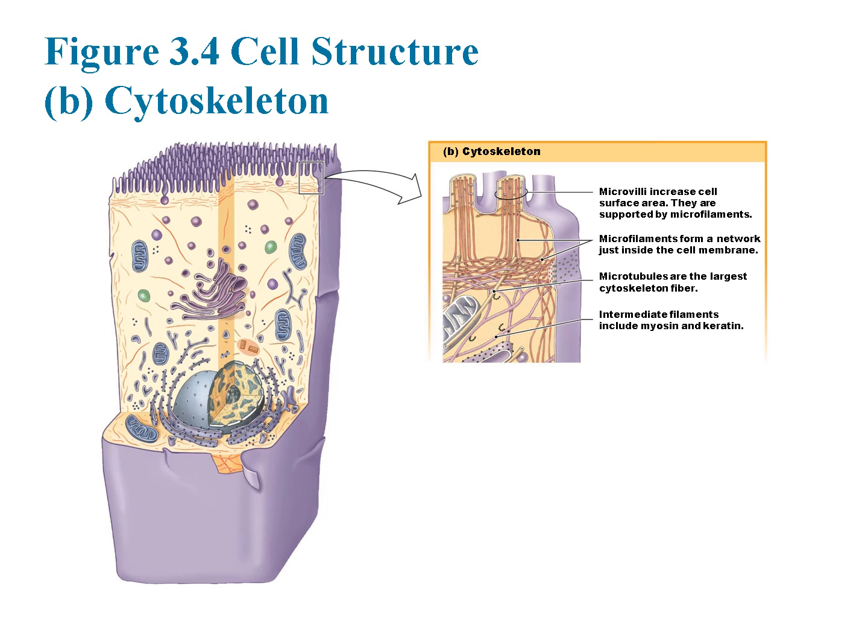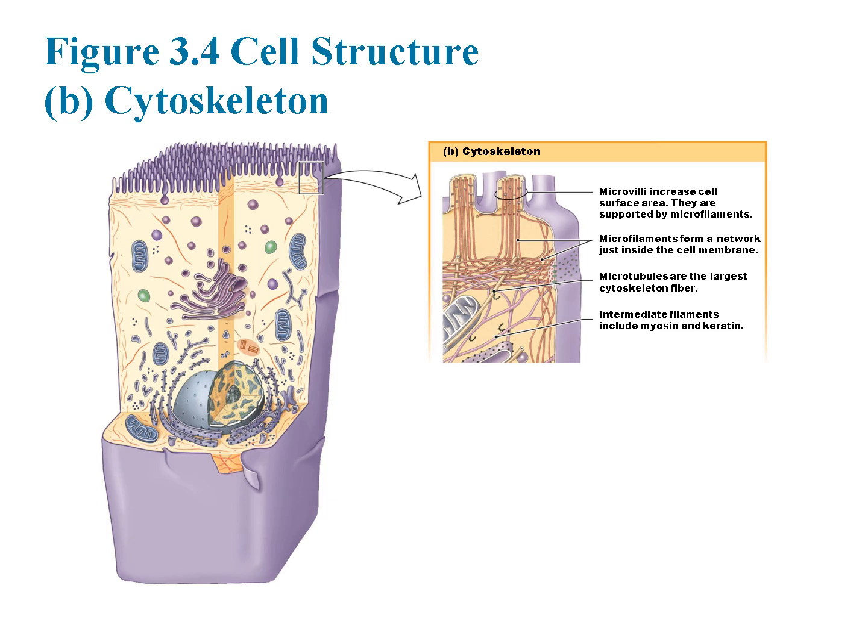Just inside the cell membrane, a network of microfilaments forms. These thin fibers, made of actin, are like the scaffolding of the cell, giving it structure and helping it change shape when needed. Moving deeper into the cell, we encounter intermediate filaments. These are like strong, flexible cables made of proteins such as keratin and myosin, which provide resilience and mechanical strength.